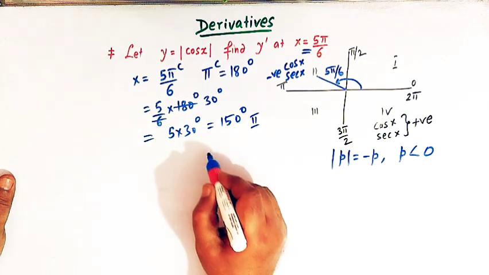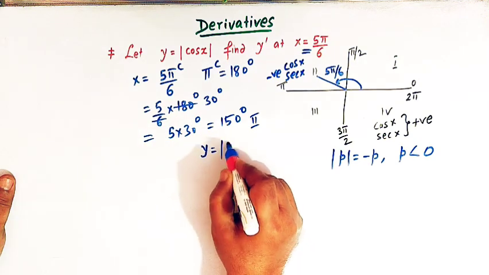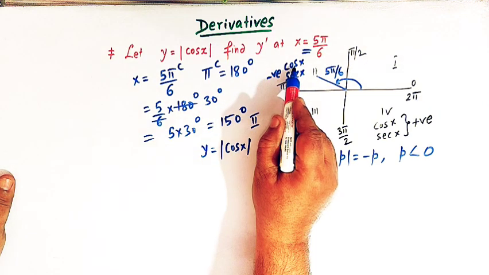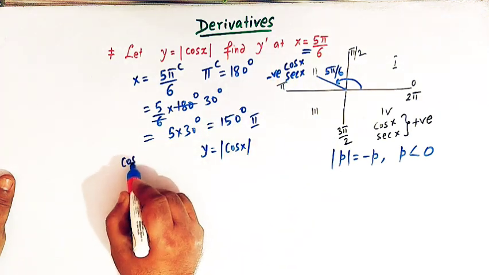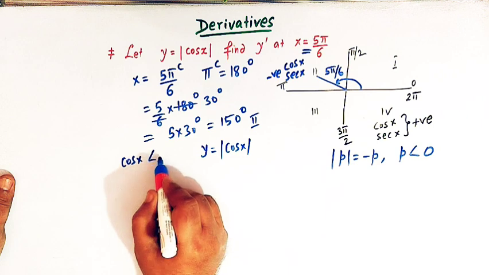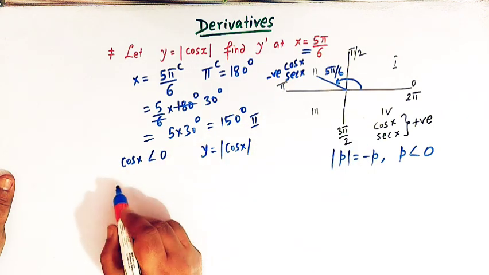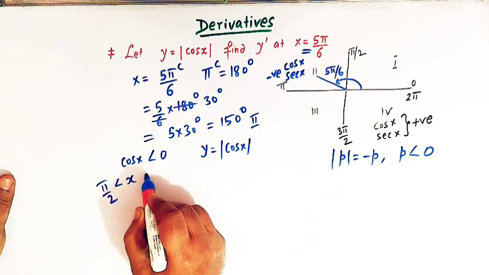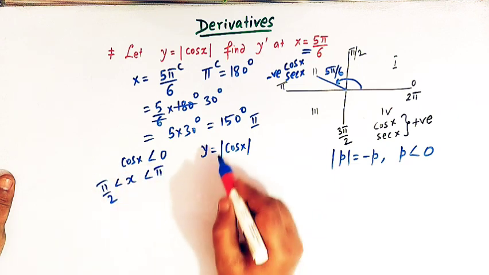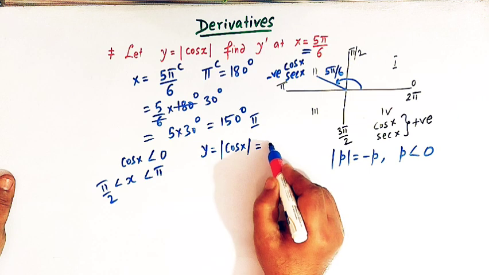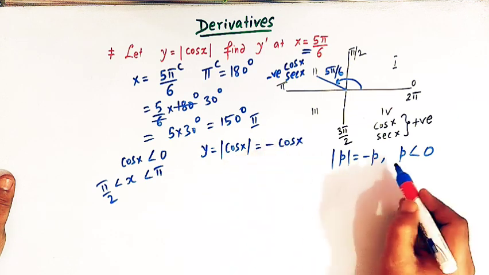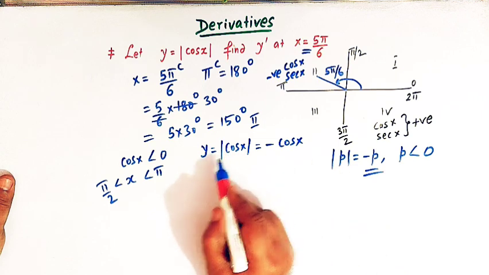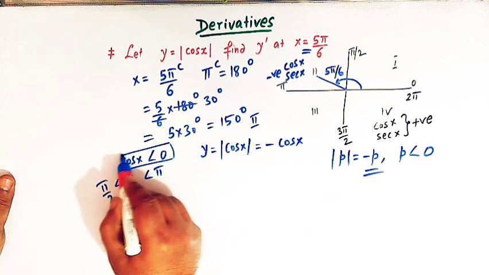So here we have y is equal to mod of cos x, and we know that this function cos of x is negative, that is, it is less than 0, when x belongs to the interval pi by 2 to pi. So mod of cos x can be written as negative of cos x due to this definition, because cos of x is less than 0.